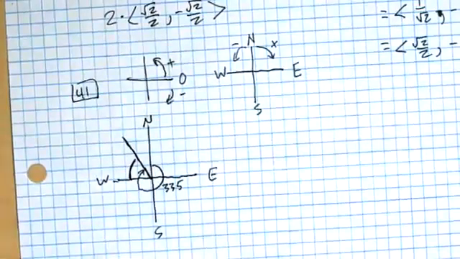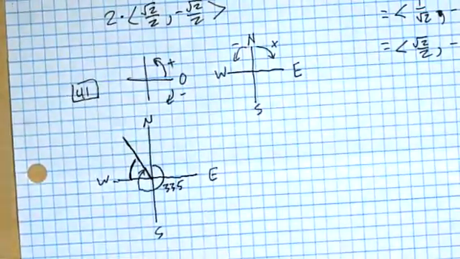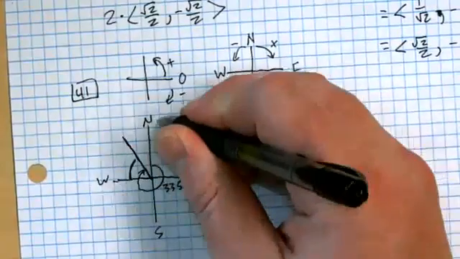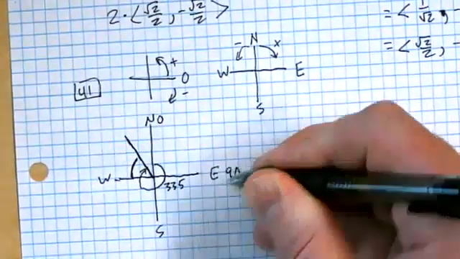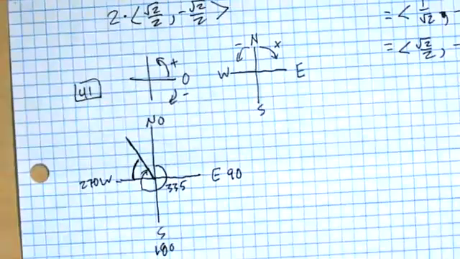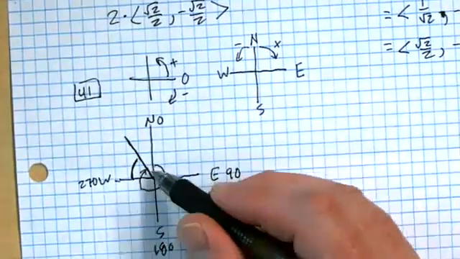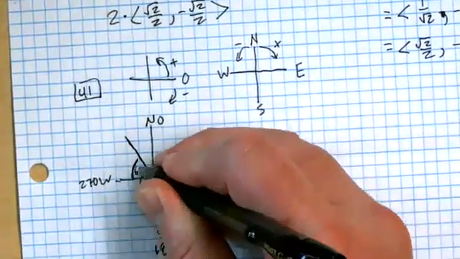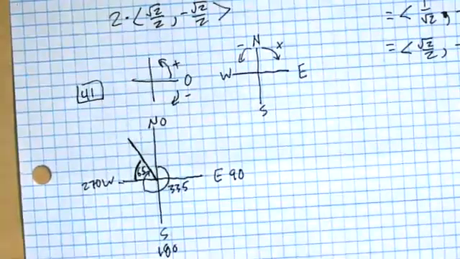What would our reference angle be? 65, 75? Get a lot of blank stares. This is 0. This is 90. This is 180. This is 270. 335 minus 270 is 65. All right, there we go.